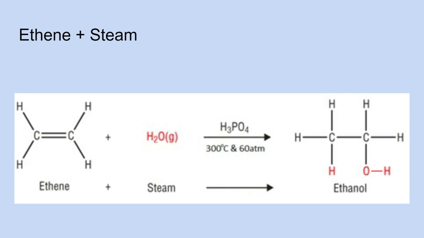Ethene is a byproduct of cracking, which you'll learn about in your 5th lesson for organic chemistry, but it is an alkene, and that can be used as a way to get rid of this byproduct of cracking.